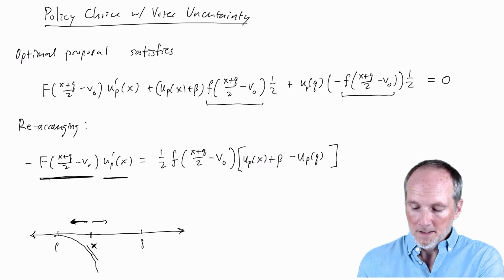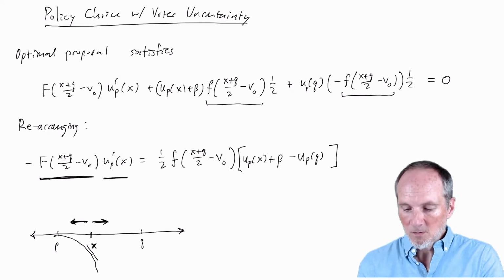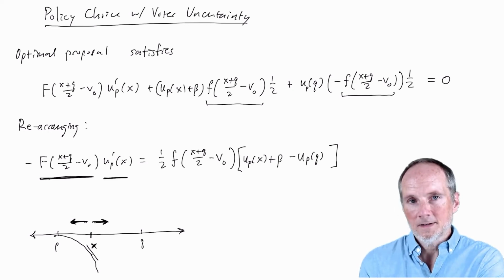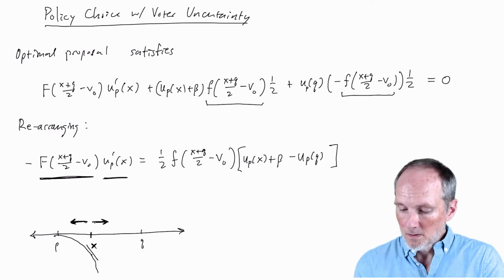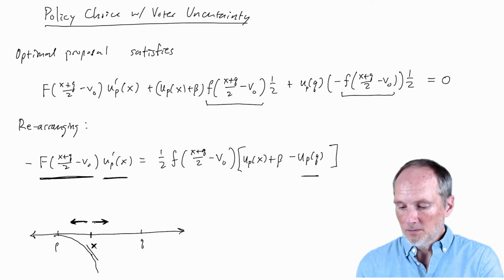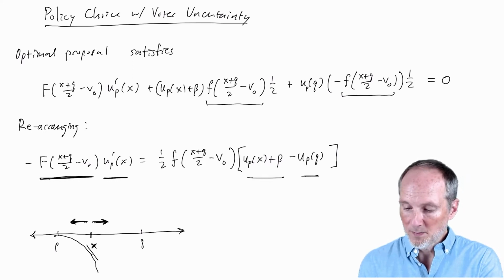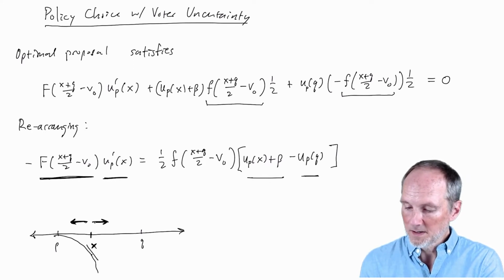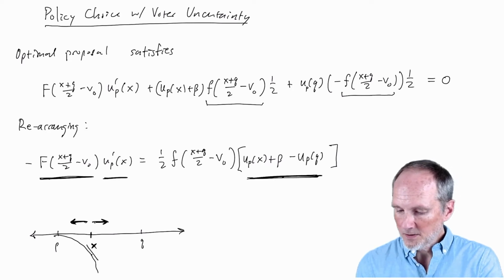On the other hand, if you move policy to the right, your proposal will be more likely to pass, in which case, what is the gain? Well, instead of the status quo, you get the policy from the proposal plus this extra bit from actually getting it passed. So the gain would be this difference here on the right.